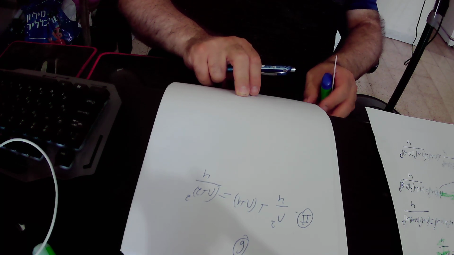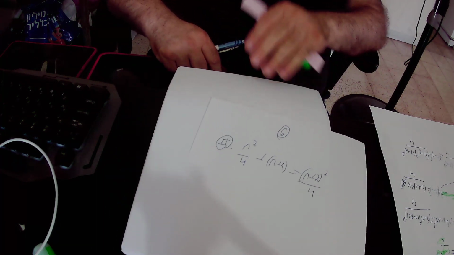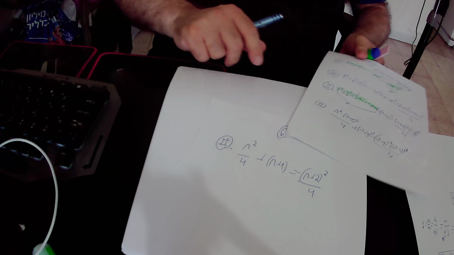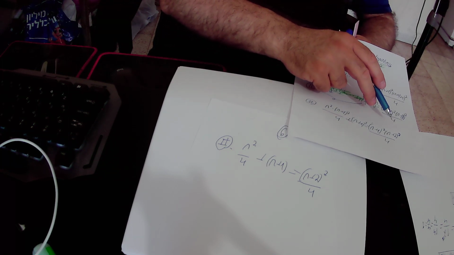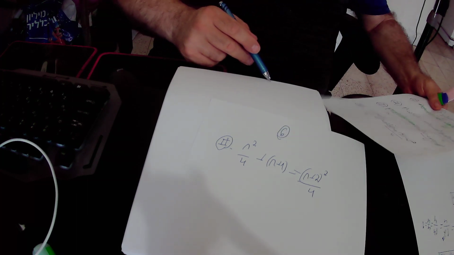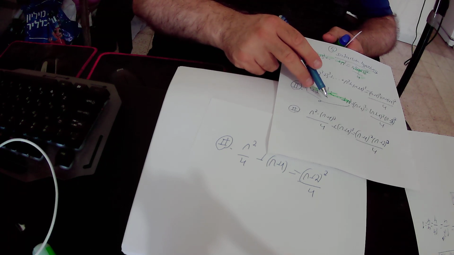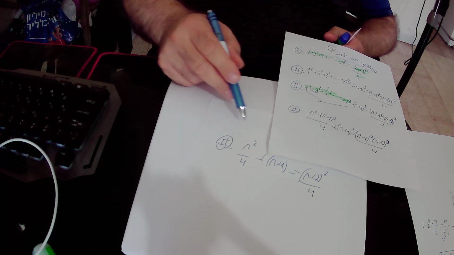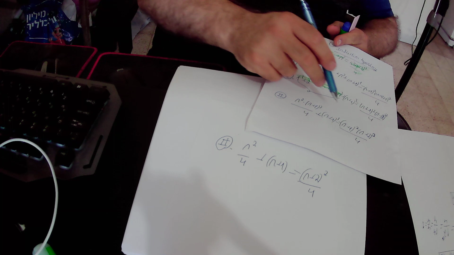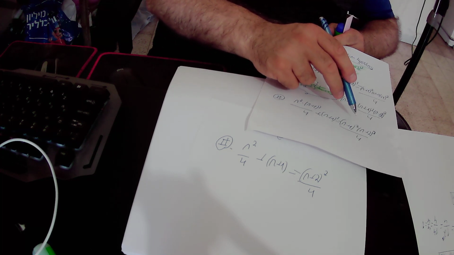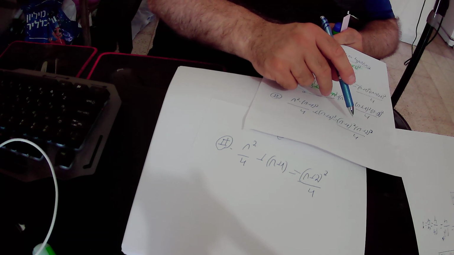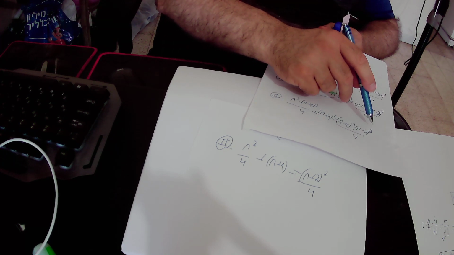So here, as I've already explained to you, n plus 1 squared times n plus 2 squared divided by n plus 1 squared will be, here, n squared times n plus 1 squared divided by n plus 1 squared will be n squared and divided by 4. n plus 1 to the power of 3 divided by n plus 1 squared will be n plus 1, and it equals n plus 1 squared times n plus 2 squared divided by 4, and when we divide it by n plus 1 squared, the outcome will be n plus 2 squared divided by 4.